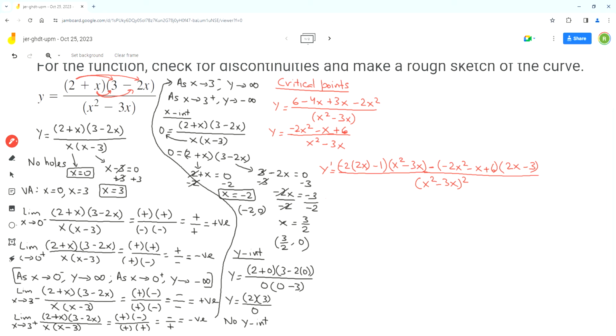Now we can simplify this expression. So in the first parentheses, we just get (-4x - 1) times (x² - 3x).